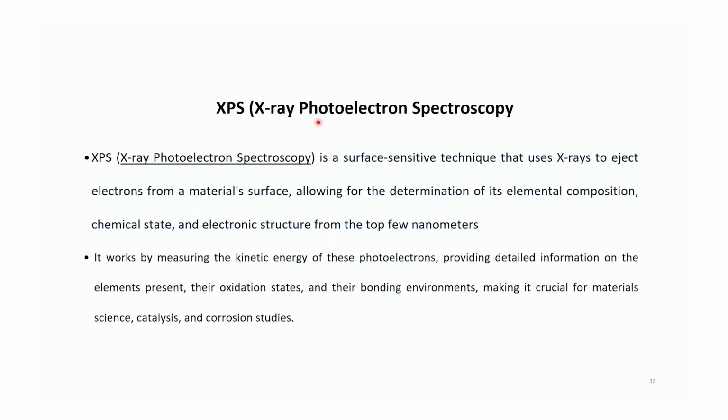Then X-ray photoelectron spectroscopy, that is XPS for you. This is a surface sensitive technique that uses X-rays to eject electrons from a material surface, allowing determination of its elemental composition, chemical state and electronic structure from the top few nanometers.